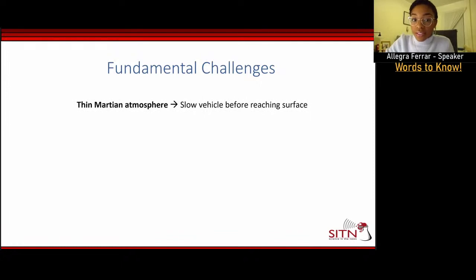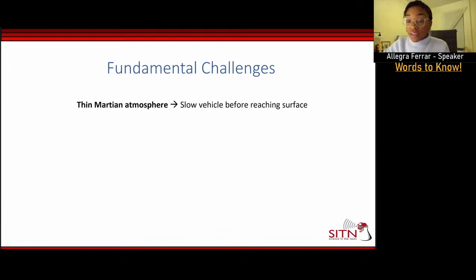When dealing with Mars, the Martian atmosphere is very thin. Every planet has an atmosphere, which is a layer of air particles that exist above the surface. Because the Martian atmosphere is so thin, we don't get the extensive drag force that we would get if we were coming in to Earth.